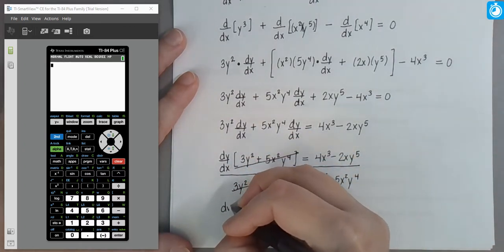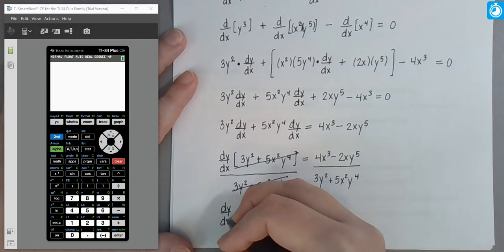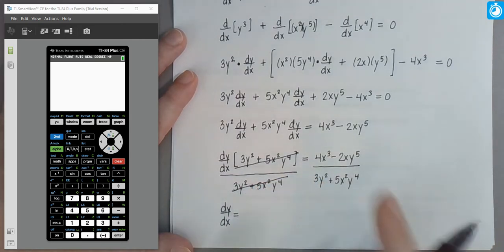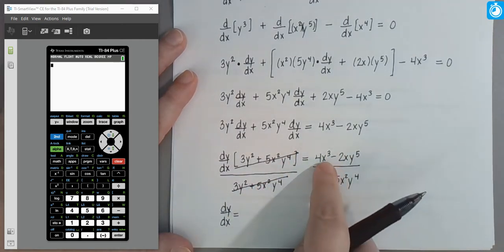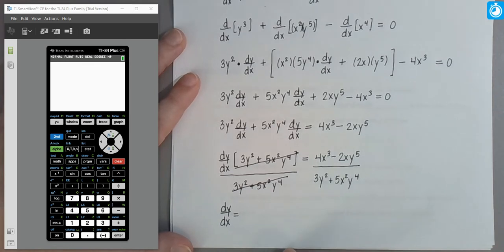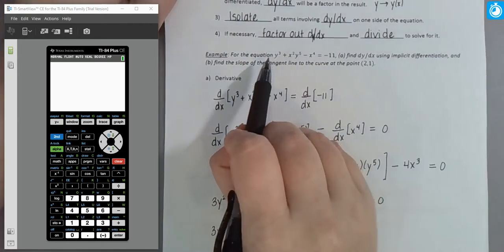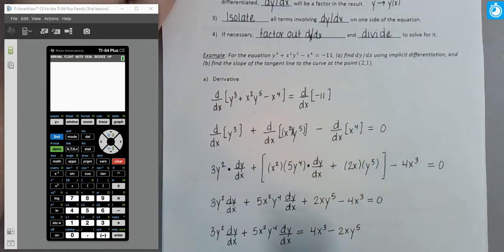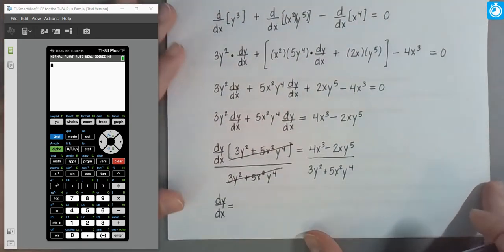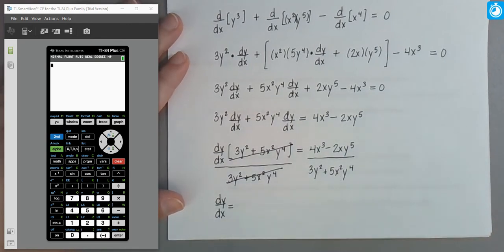So our derivative of y with respect to x is all of this. And notice, it is an expression that involves both x and y. We're going to have to leave it in that form. Unless we knew what y was equal to, we could substitute in that case. But here, based on the fact that we have an implicit relationship where y would not be easy to solve for, there's no way to know exactly what y is equal to.